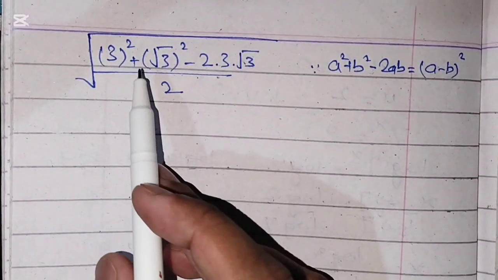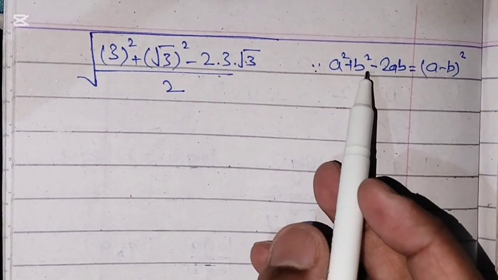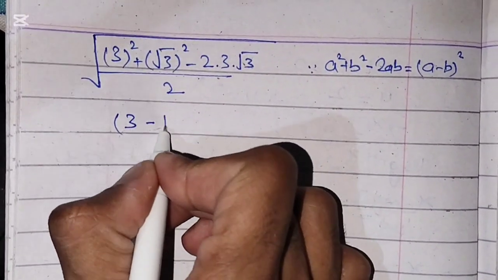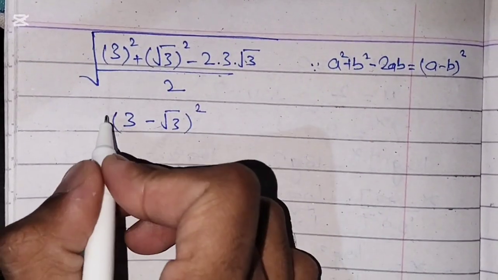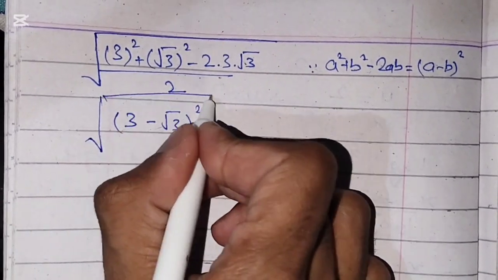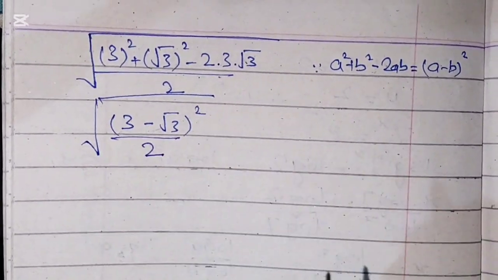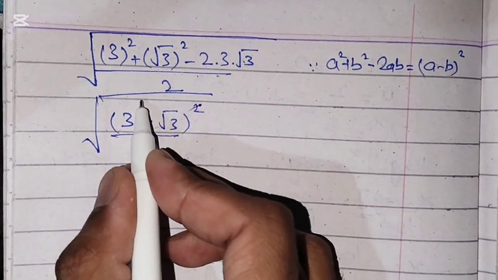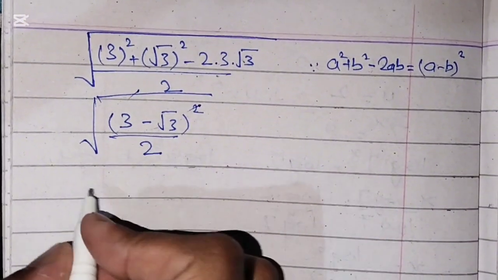So this is the updated equation and we will use this formula in the numerator. It will be square root of 3 minus square root of 3 whole square, all over 2. This square and this square root cancel.